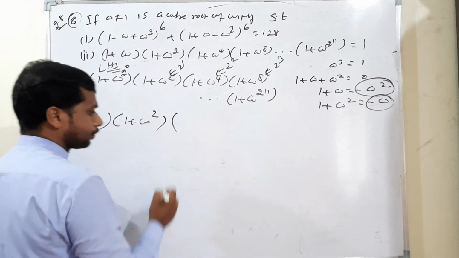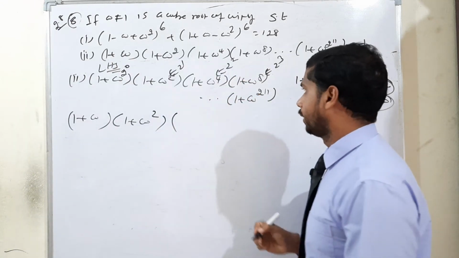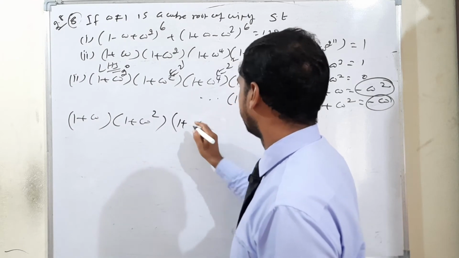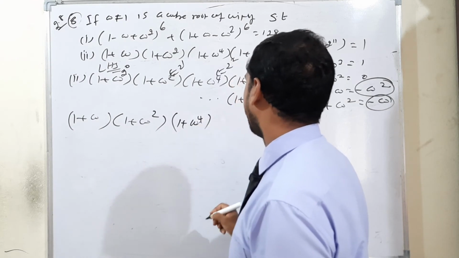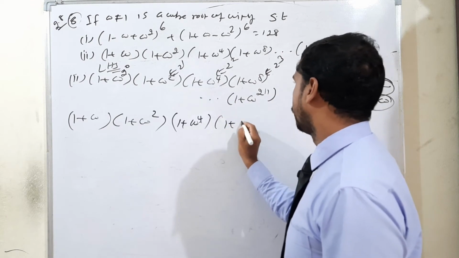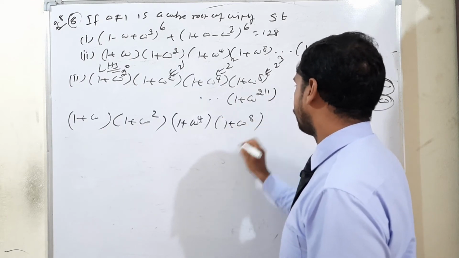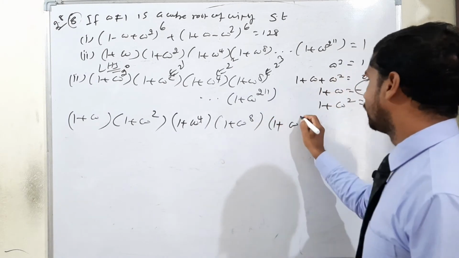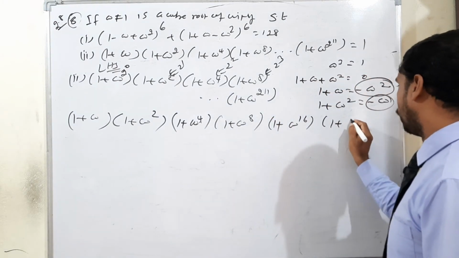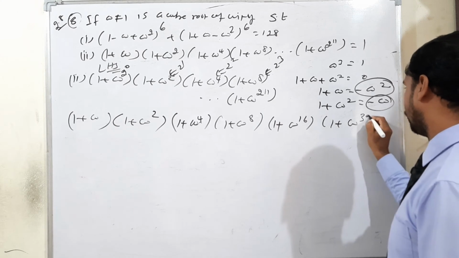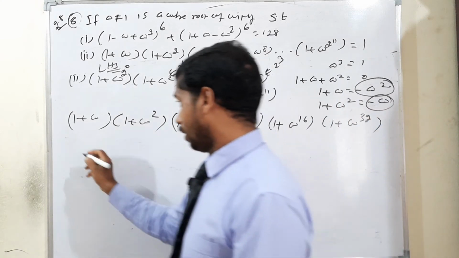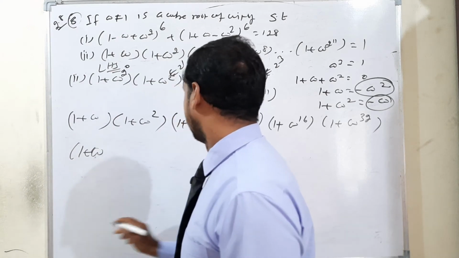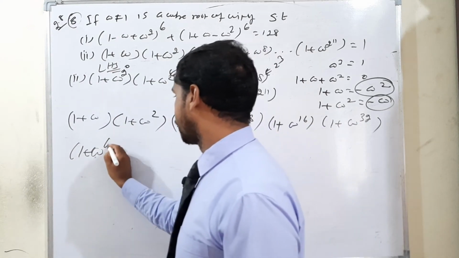Third step, 1 + ω⁴, since ω⁴ means 2². Again 1 + ω⁸, 8 means 2³. Next step, 1 + ω¹⁶, 8 plus 8 is 16. Next step, 1 + ω³², 16 plus 16 is 32. Next one, 1 + ω⁶⁴, 32 plus 32 is 64.